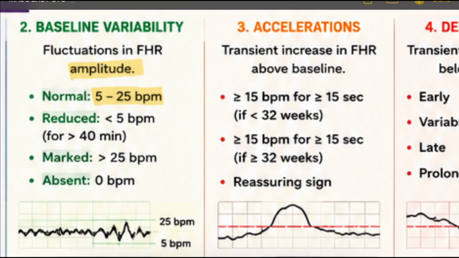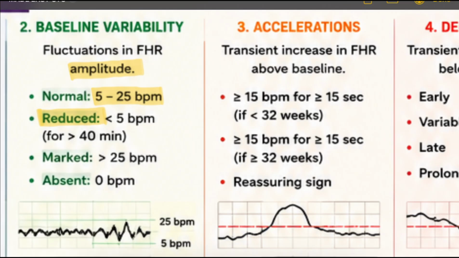Simple. Okay. So in variability, if it's reduced, that means less than 5 beats per minute. If for greater than 40 minutes you are seeing less than 5 beats per minute of reduced variability, then we have to suspect the baby is in a sleep cycle while you are doing CTG, low oxygen or extreme prematurity, and some exposure to drugs like opioids or magnesium sulfate, or pathologies like acidosis.